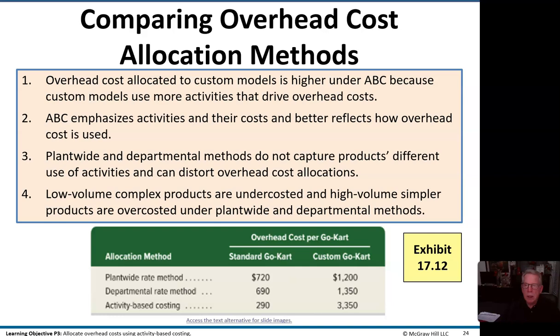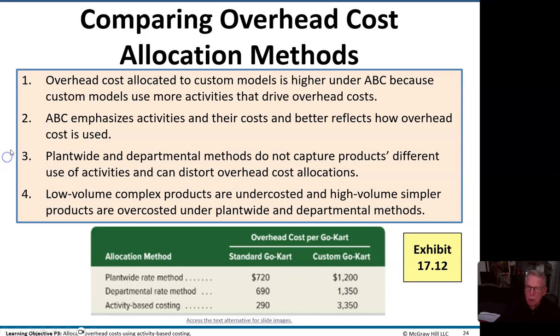So now, if we compare these overhead costs, number one, overhead costs allocated to custom models is much higher under ABC because custom models use more activities that drive the overhead costs. Number two, ABC emphasizes activities and their costs and better reflects how overhead cost is used.